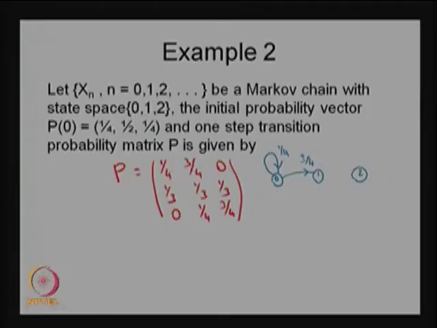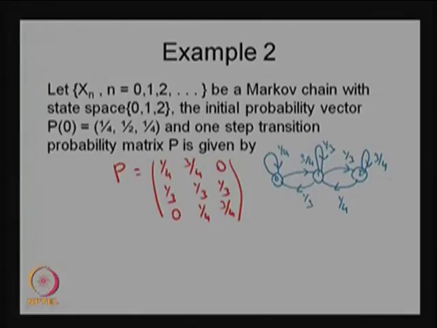From 1, the one step transition probability of 1 to 1 is 1/3, and this is 1/3, and similarly this is 1/3. From the state 2 to 0 is 0, and 2 to 1 is 1/4, and 2 to 2 is 3/4. This diagram is very important to study the further properties of the states. Therefore, we are drawing the state transition diagram for the discrete time Markov chain.